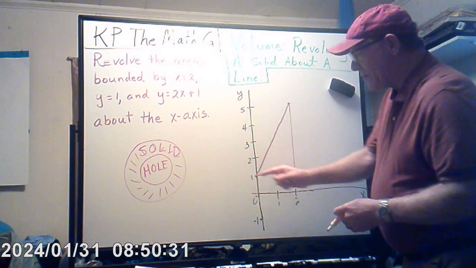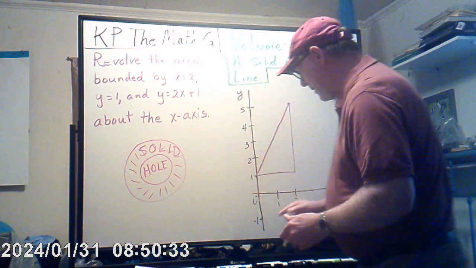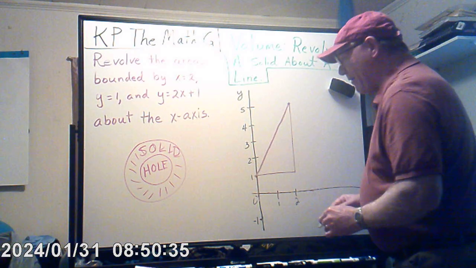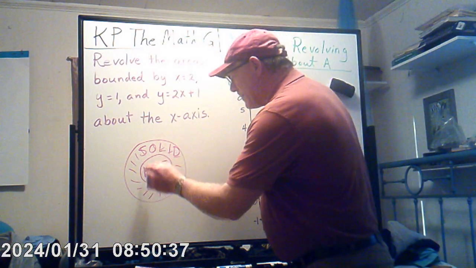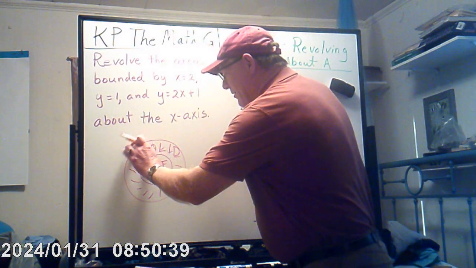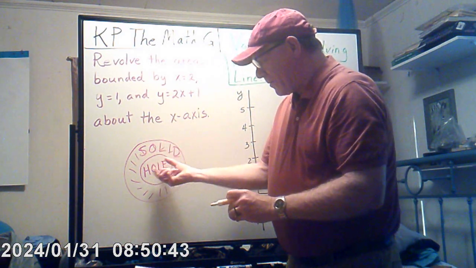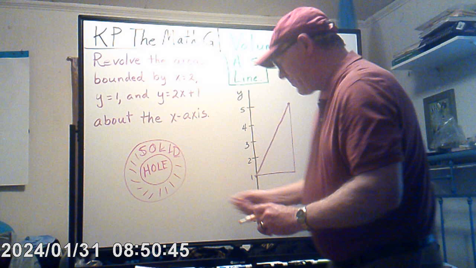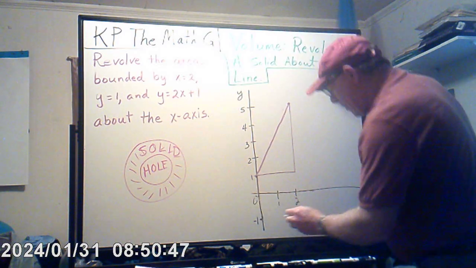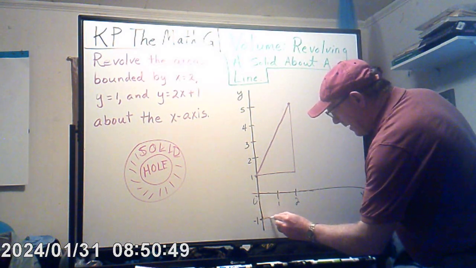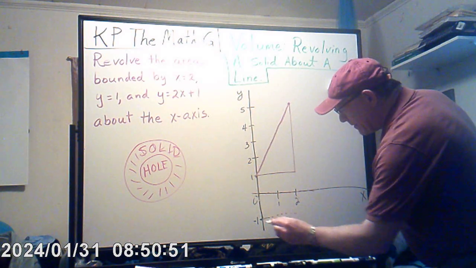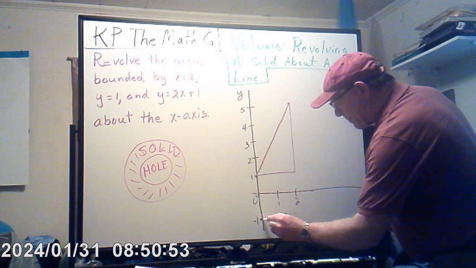This one is going to be the washer method. You're going to be left with a hole. You're going to have a solid part right here, and your hole is going to be here when you revolve this. Can you picture it being down here? I'm just giving you an idea of what it might do.